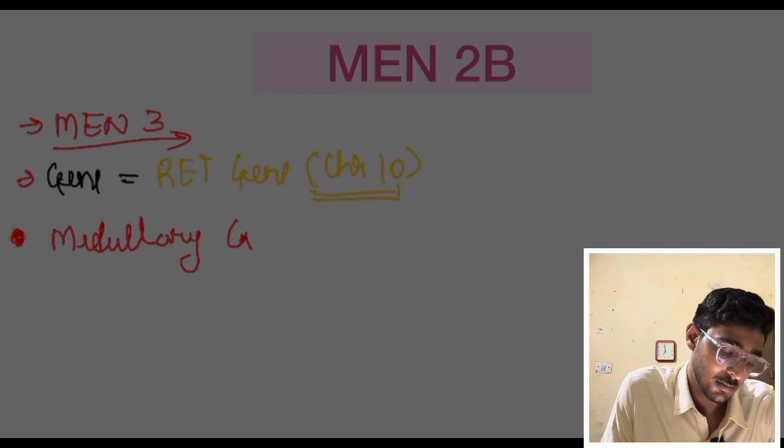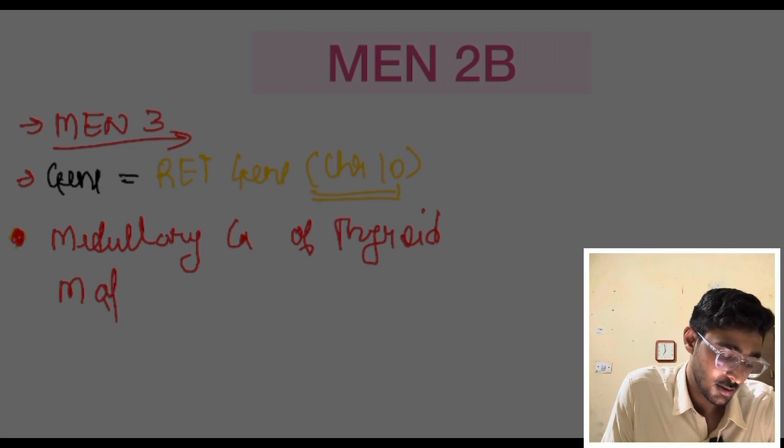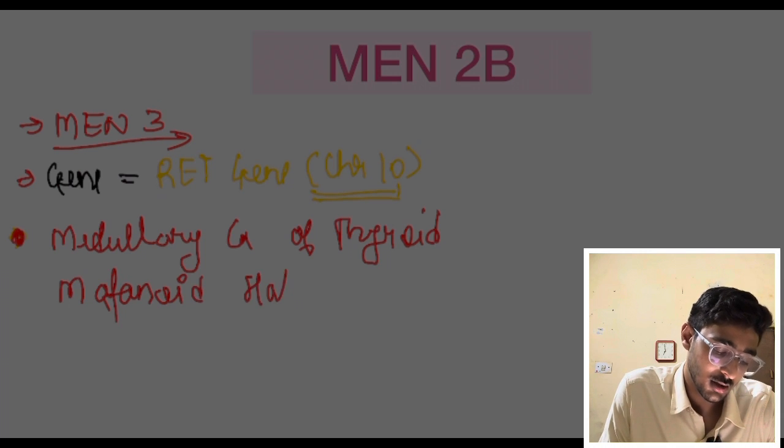Medullary carcinoma of thyroid, Marfanoid habitus. These are the features which are seen in MEN 2B syndrome.